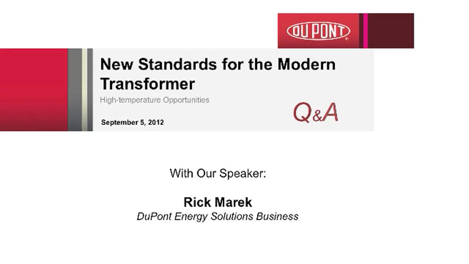One member of our audience is asking, is there any impact on DGA analysis of the oil with these higher temperatures? Well, really, I guess the question is whether you can use DGA for this type of transformer, since there are different materials involved.